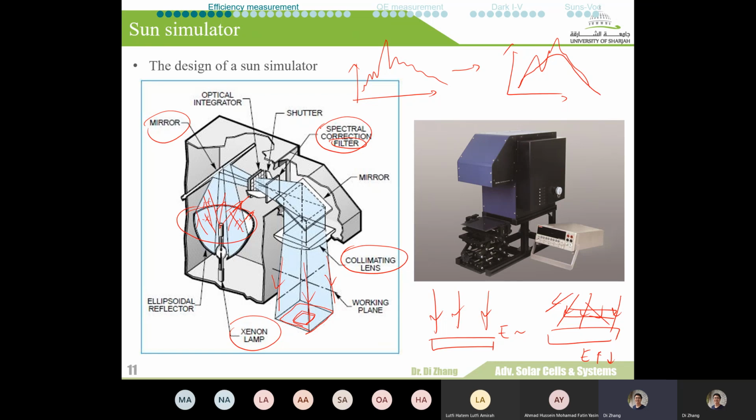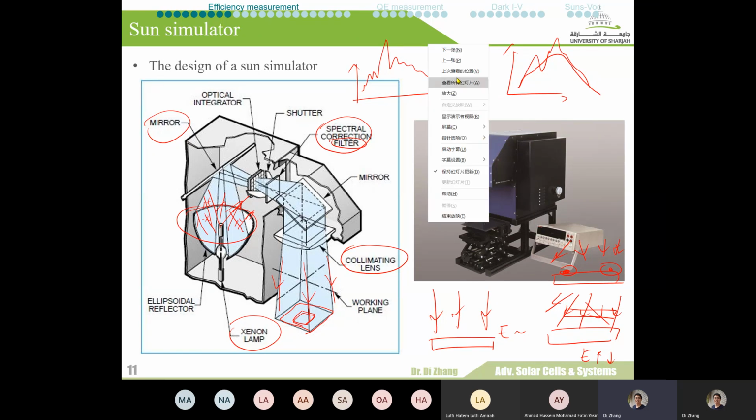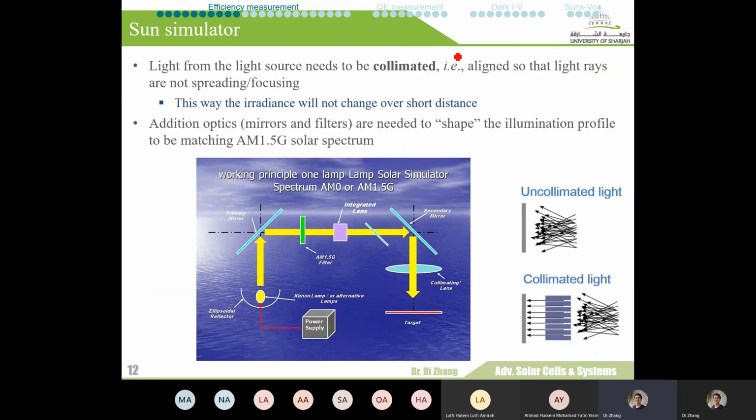Also, locally speaking, if you don't have collimated light, the irradiance you get at this point is going to be very different from the irradiance you measure at another point. So it's going to create uniformity issues for you. That's why for solar cells we would like to have the collimated requirement.